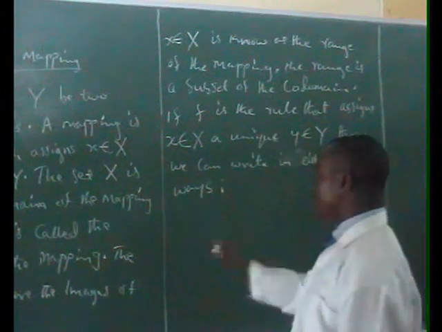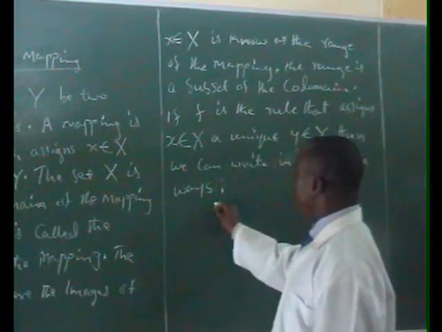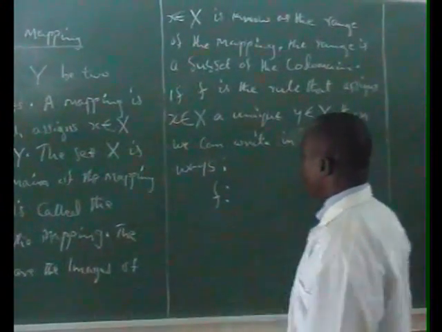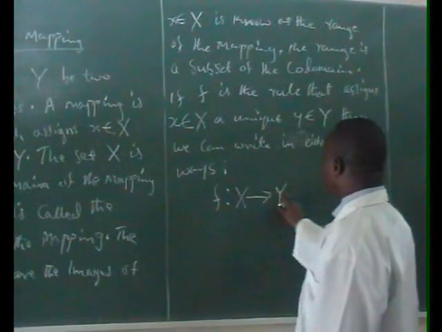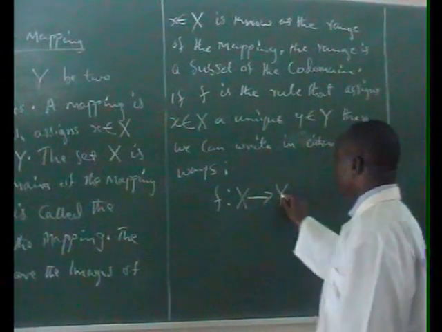This way we can write it, if F is the rule, we can write it like this. F such that X maps elements to Y. You can write it this way.